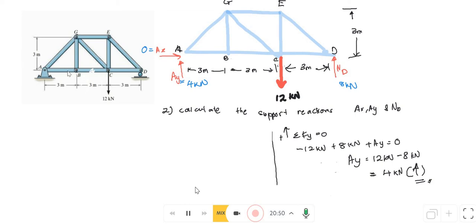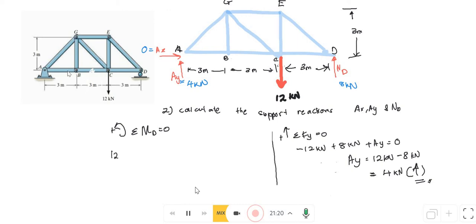Now, if you consider to double check your answer, you can also use moment at point D. So to get the AY, moment at point D, we know that the summation is equal to 0, and we assume that the counterclockwise is positive. So we have 12 kilonewton, and it tends to rotate counterclockwise, so it becomes positive.